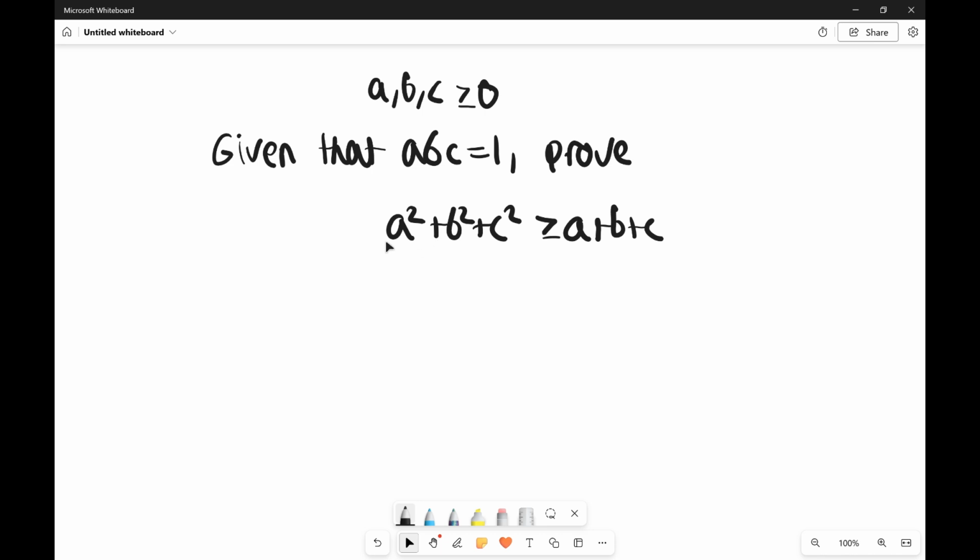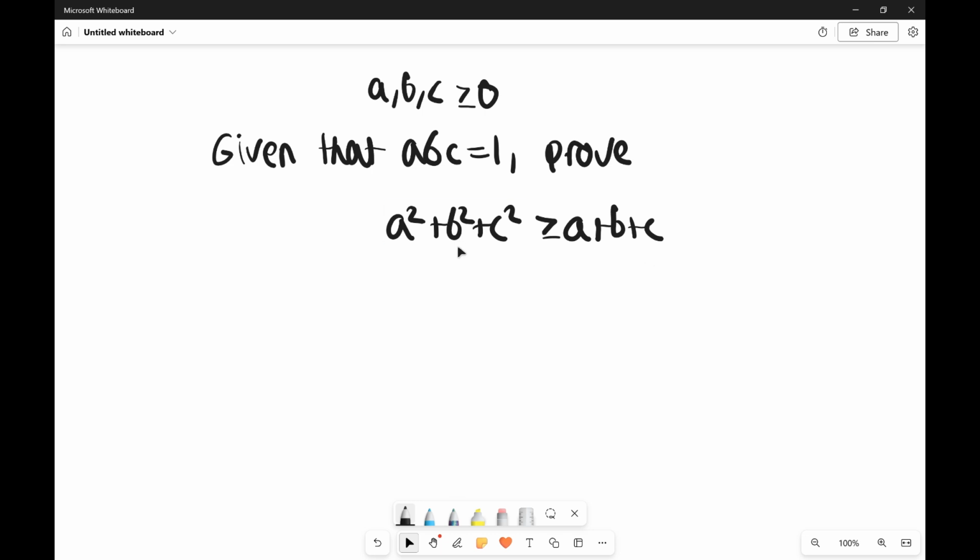Well, notice how these two sides are of different degrees. So could we skew it so that a, b, and c are really small so that this doesn't hold? Well, this is where this fact comes in. And we're going to use this fact here to get the degrees to be equal to each other, so that both this side and this side have degree 2.